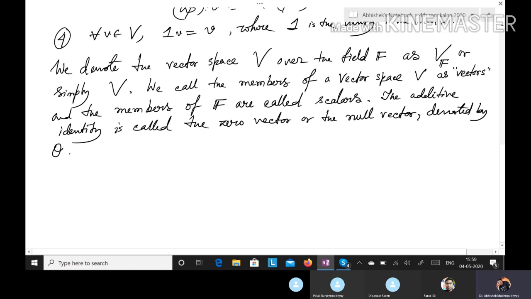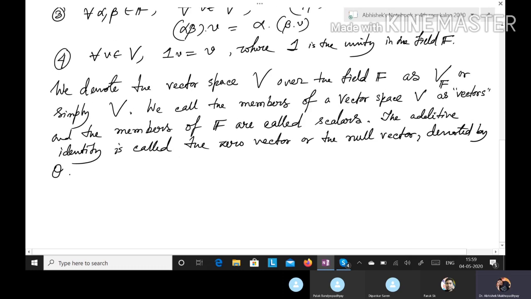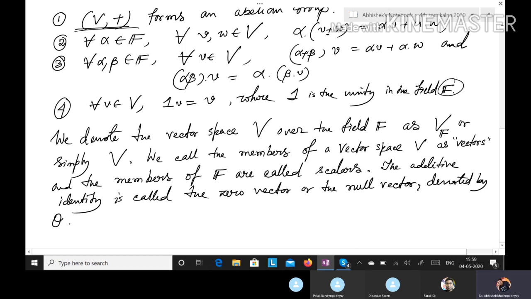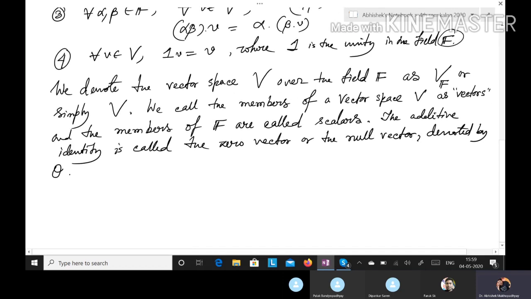We denote it by theta, because one could denote it by 0, but that would cause confusion with the additive identity of the field, which is also denoted 0. So you need to distinguish that 0 from the additive identity of V plus. That is why we denote it by theta.